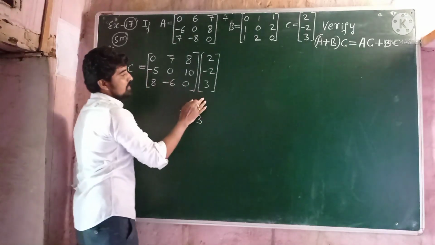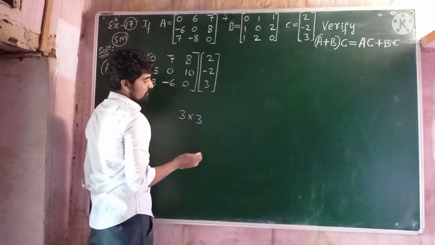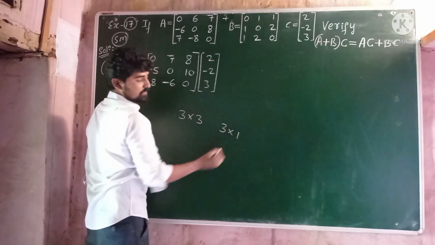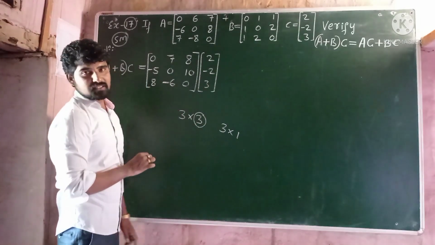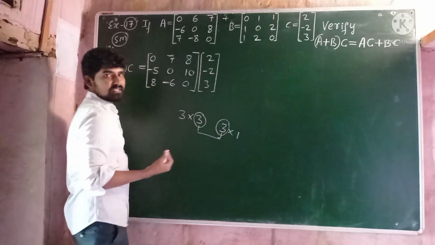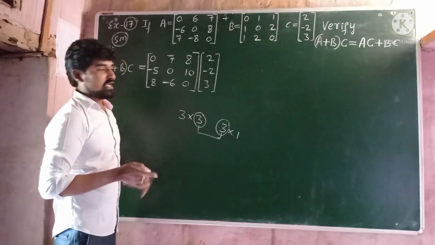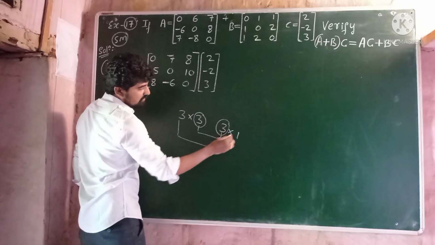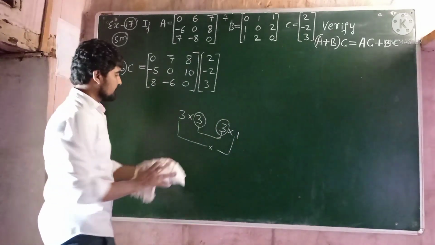And the C matrix has 3 rows and 1 column. Therefore the order of matrix C is 3 cross 1. Here the number of columns in the first matrix equals the number of rows in the second matrix. Therefore multiplication of these two matrices is possible, and the order of the resultant matrix is 3 cross 1. I hope all of you understood.